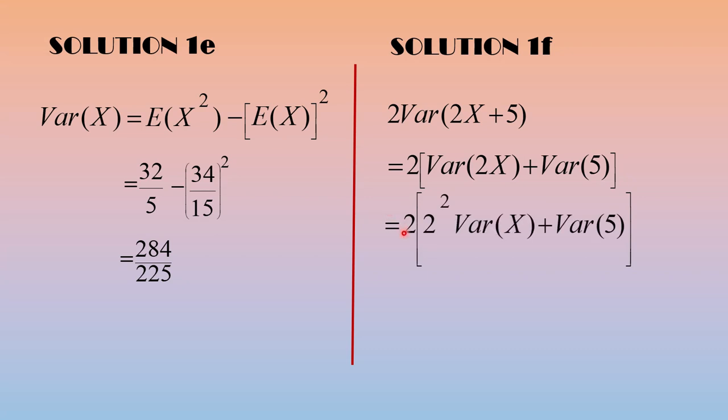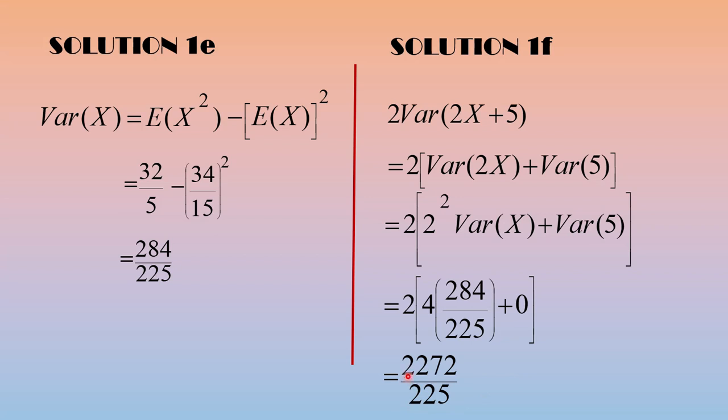That is equal to 2 times, we bring 2 outside, so we have 2 squared times variance of X plus variance of 5. So we get 2 times 4 times 284 over 225 plus variance of 5, and the variance of a constant is 0. We simplify to get 2272 over 225.